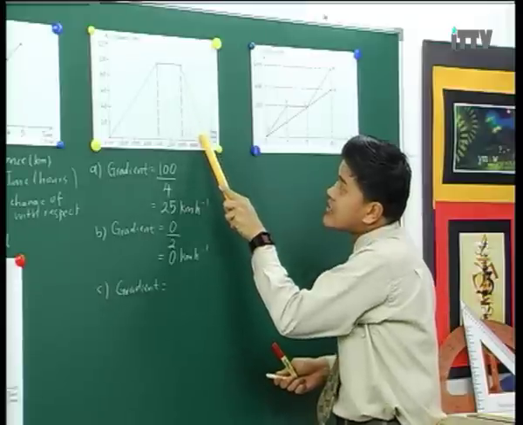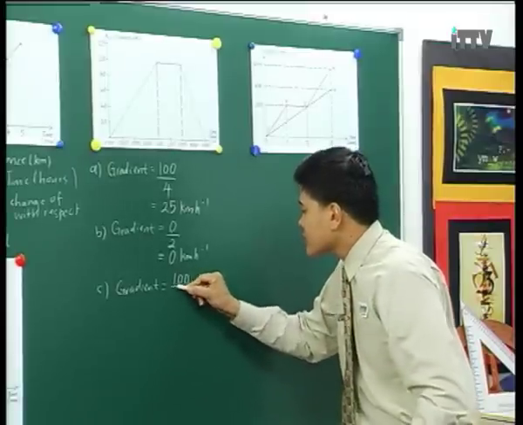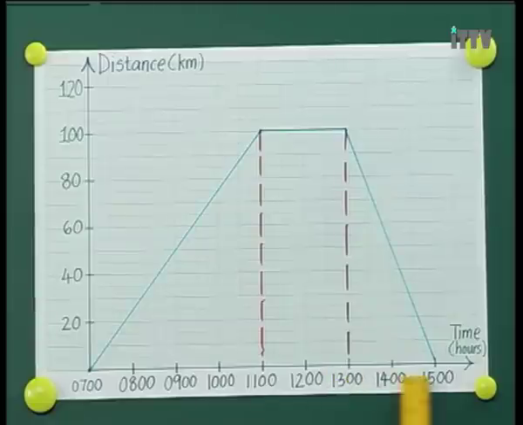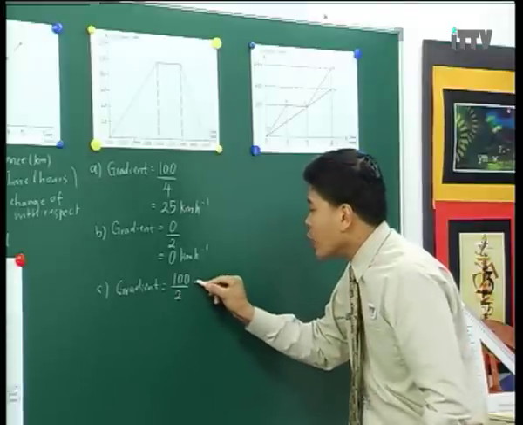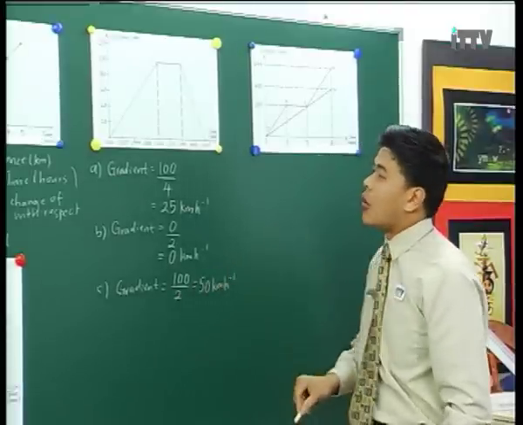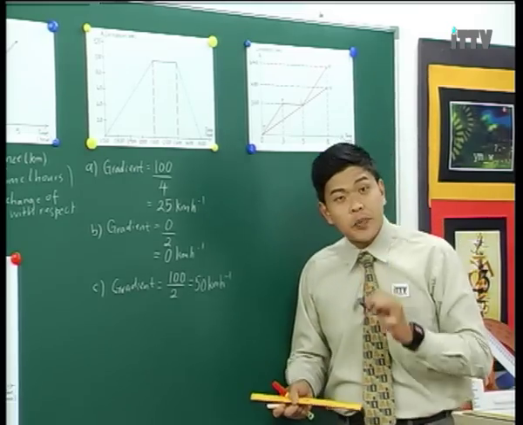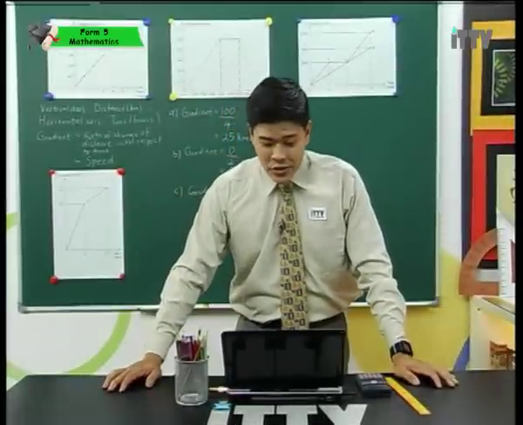So I want to find the gradient of this line, 100 kilometers over what is the time taken? 2 hours, from 1 p.m. to 3 p.m. So that is actually 2 hours, and we have a speed of 50 kilometers per hour. So remember to find the gradient, it is actually representing the speed of the object in a distance time graph. Now let's take a look at the next graph.